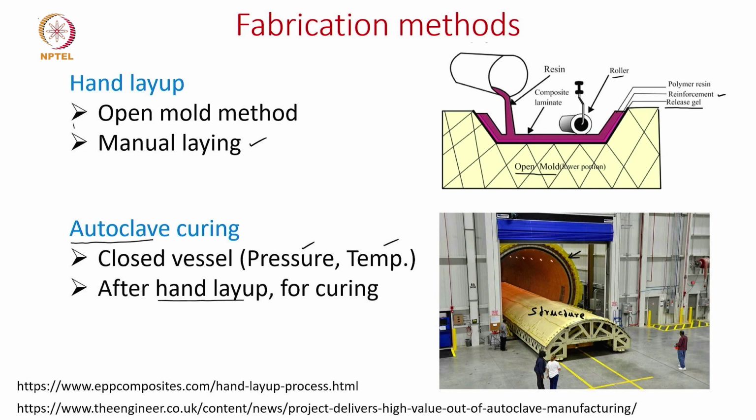And pressures are used so that the squeezing of the extra matrix in this mixture of matrix and fabrics is done by applying the pressure. This ensures that we get very high fiber volume fractions. That is the reason why for high performance composites especially they go with autoclave.